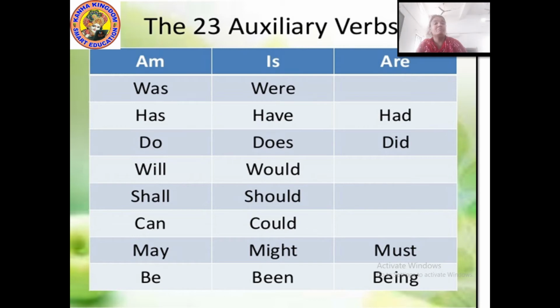Next, may in column 1, might in column 2, must in column 3. Done. Next, be, been, being. Column 1 be, column 2 been, column 3 being.